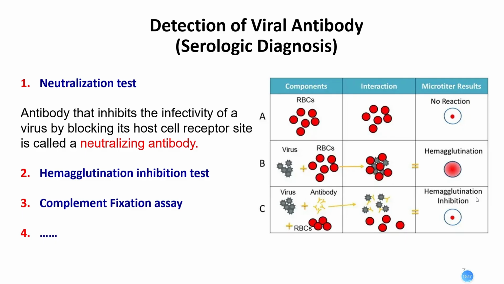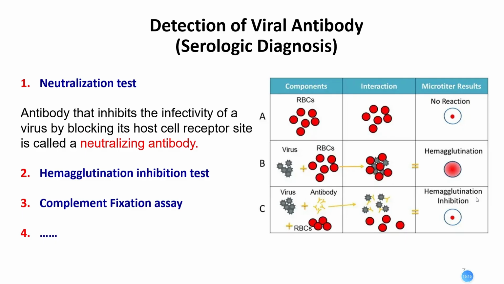The viral particle can link a lot of red blood cells together. This will cause hemagglutination, linking a lot of cells and viral particles together to form a big complex. The big complex in the well will precipitate out as a whole, so you will see a membrane covering the bottom of the well.